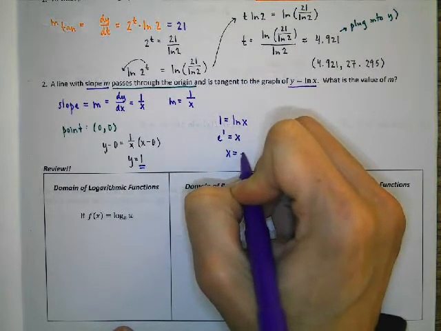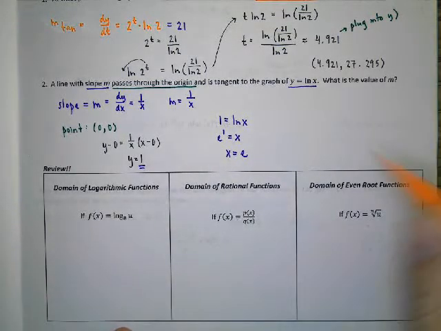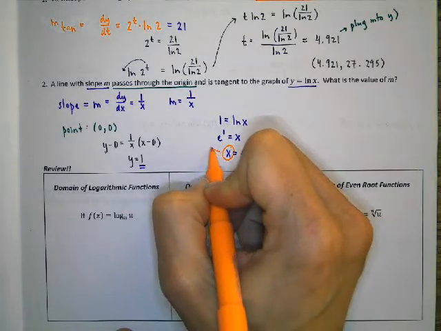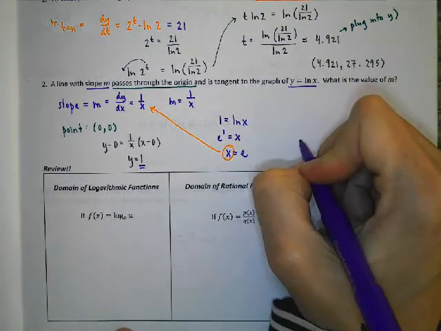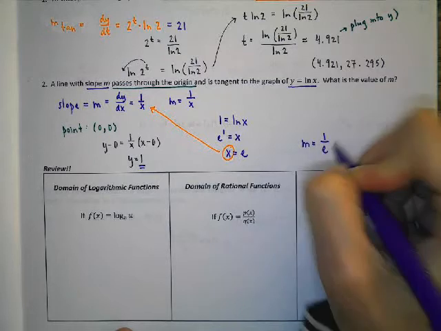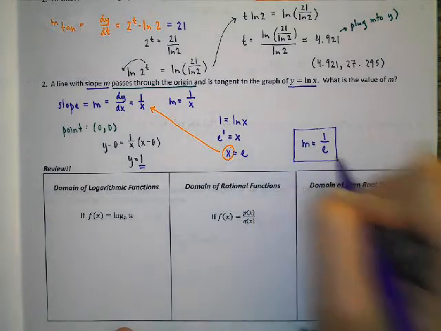So in other words, x is equal to e. Now I can take this x value and plug it into my slope, and so what I really know is m equals 1 over e. And that's the answer to our problem.